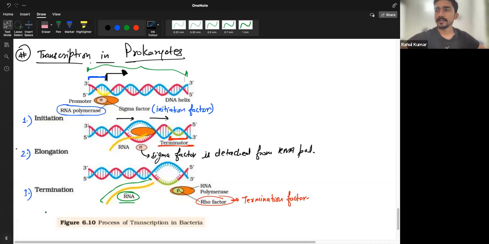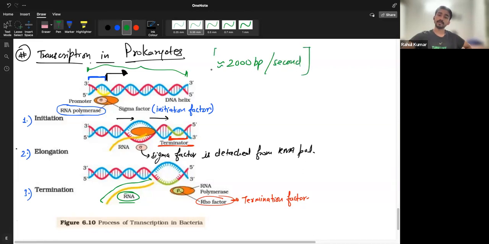And the speed at which polymerases work is very, very fast. It is approximately 2000 base pairs per second, both for replication and transcription.